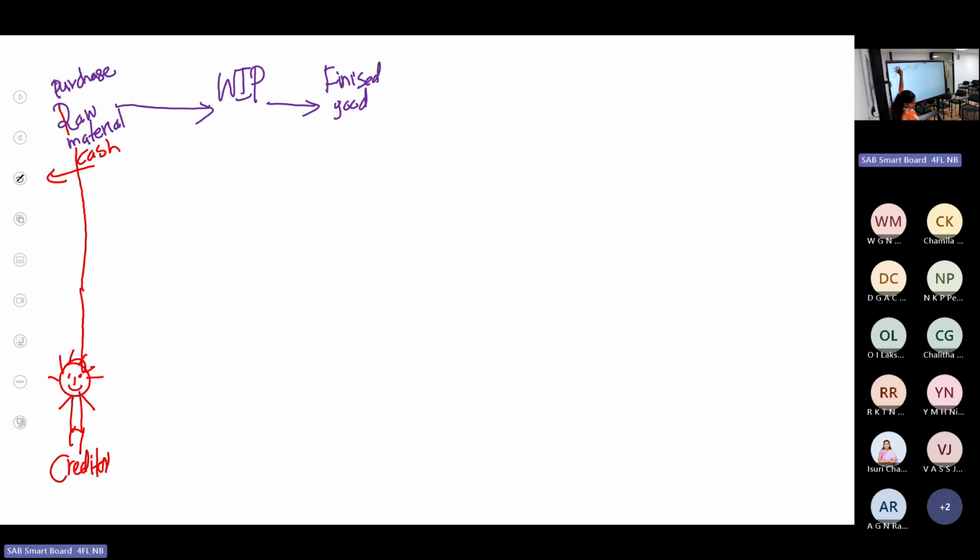Sumudu purchases raw material on a credit basis from Lakshita, the creditor. Then, within Sumudu's company, they convert the raw material into work in progress and then work in progress to the finished good.